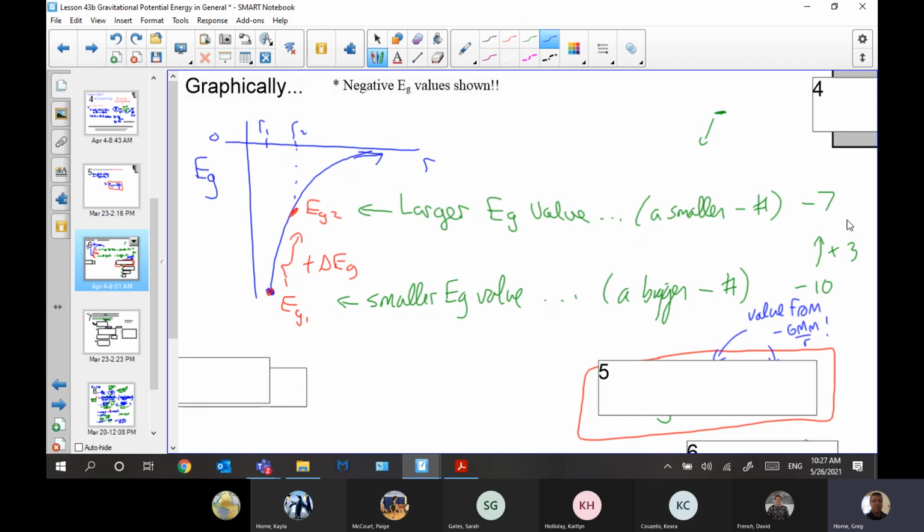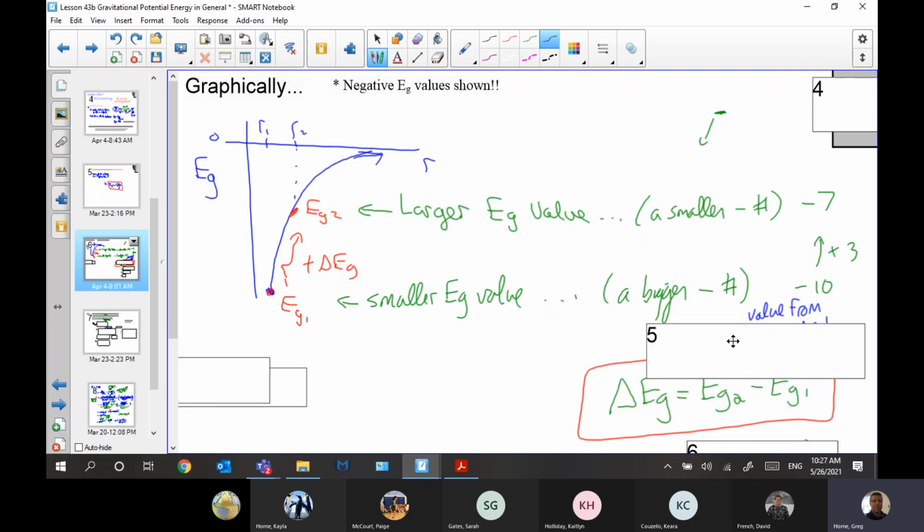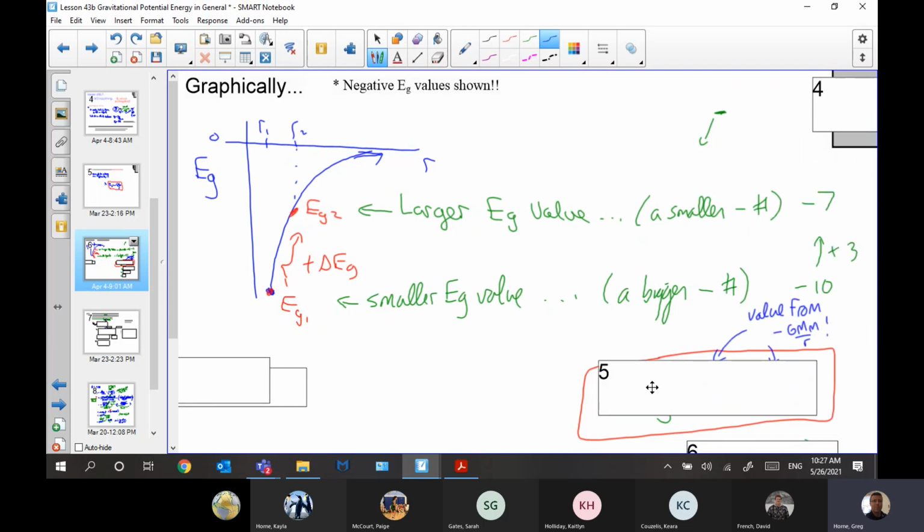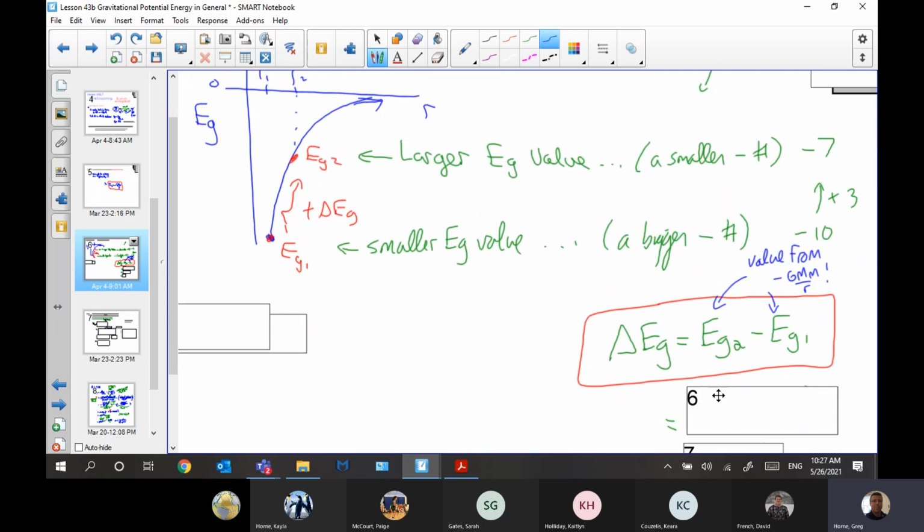We're adding 3 to it, getting closer to 0 as a result. It's a little weird, and there's that ΔEg equals final minus initial, like I mentioned. So with the numbers here, we'd have the final of -7, take away the initial of -10, giving us that add of 3.